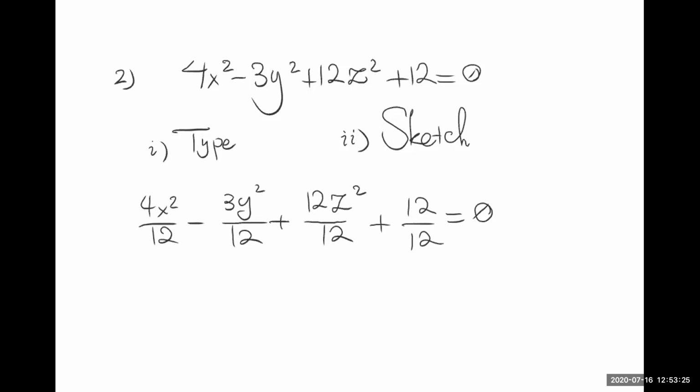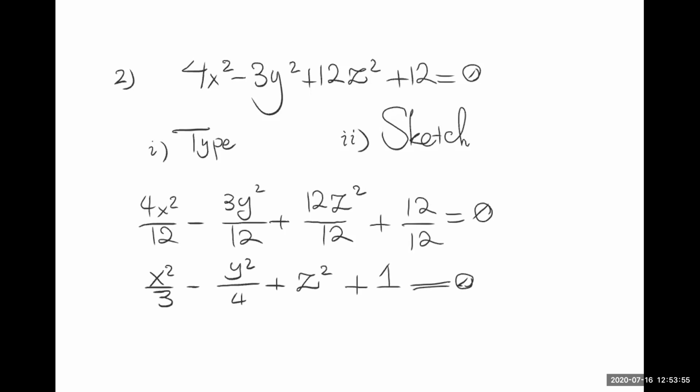Now 4x squared over 12 is just x squared over 3, minus 3y squared over 12 is y squared over 4, 12z squared over 12 is z squared, and 12 over 12 is 1. So we get this equation in a slightly simpler form.